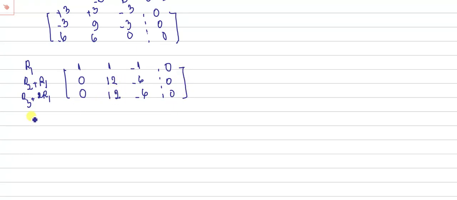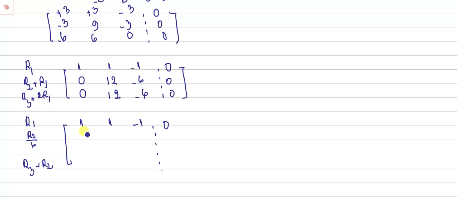So now I just write R1 is R1, R2 over 6 and R3 minus R2. So we got this one is 1, 1, minus 1 and 0.